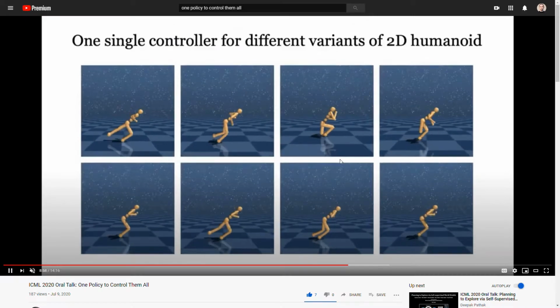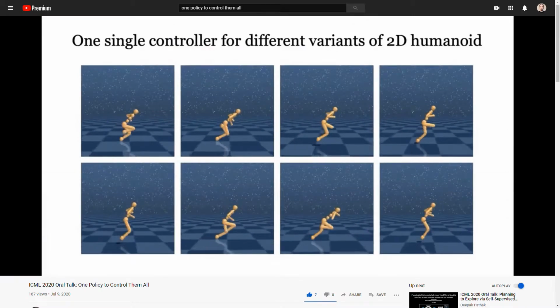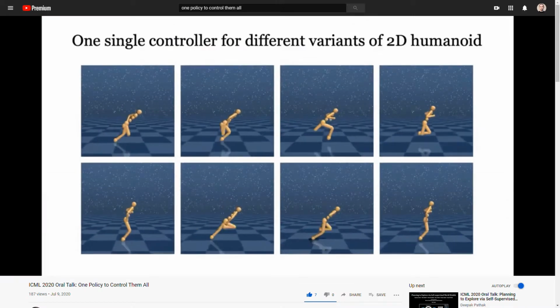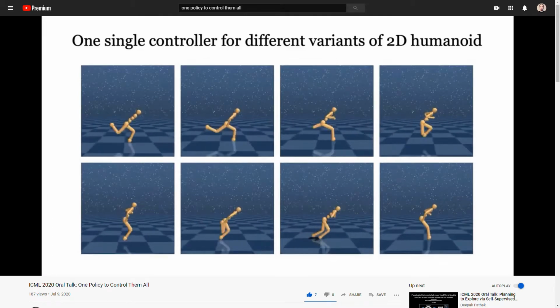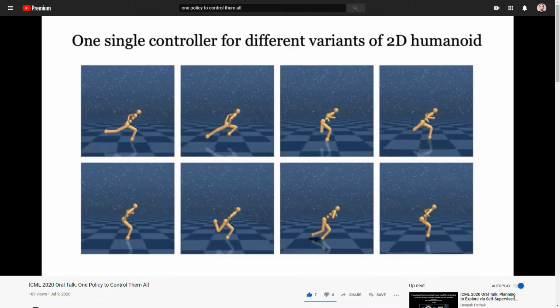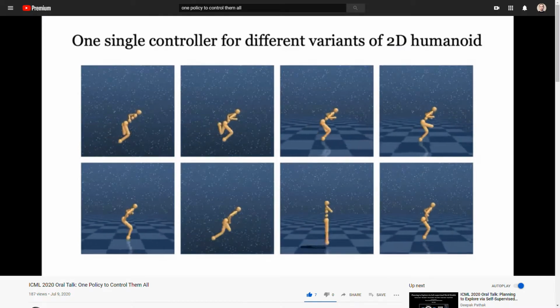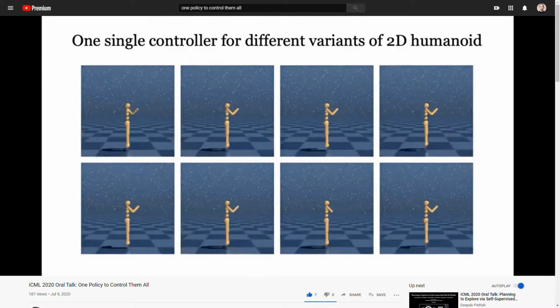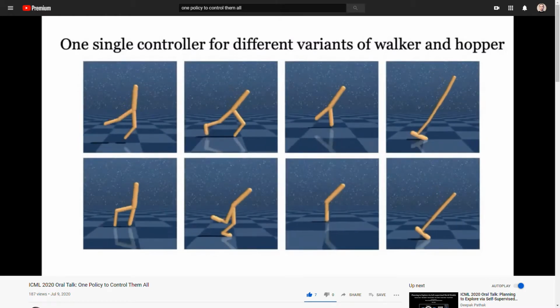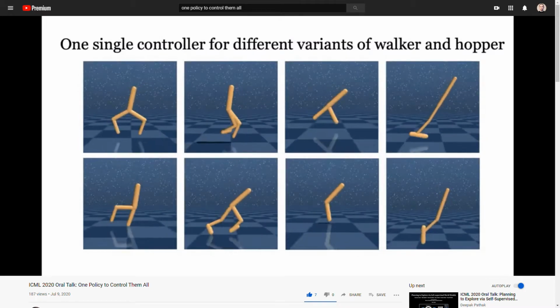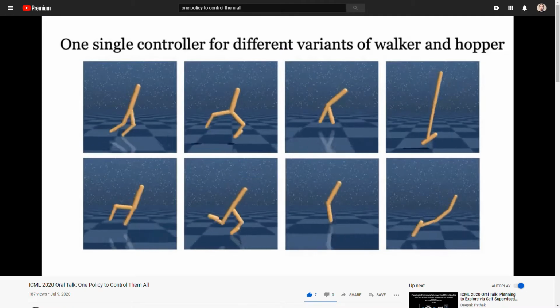Now let's take a look at the video of this simulation. We can see that they use MuJoCo as their simulator. MuJoCo is a widely used 3D physics engine in the reinforcement learning field.